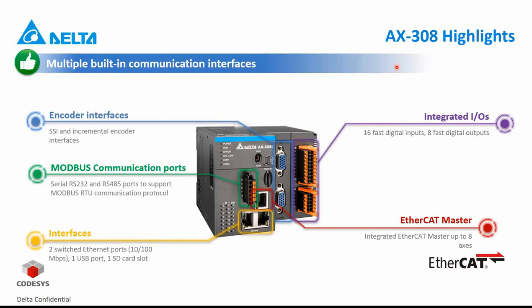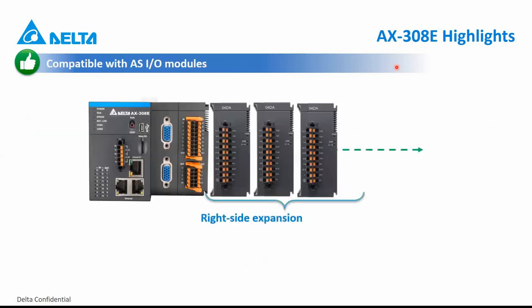One can be, for instance, for programming, and the other one for HMI communication, whatever. The biggest advantage of the AX300 is that it supports AS modules, option modules. Okay, so here you can see, for instance, analog modules. So you can mount AS modules. You can use AS modules with AX300.